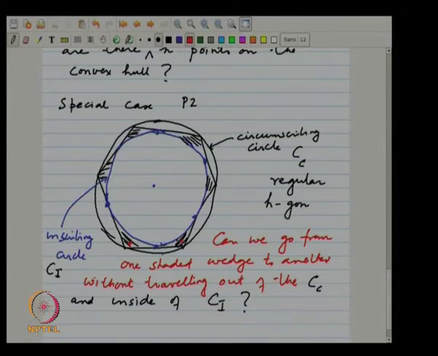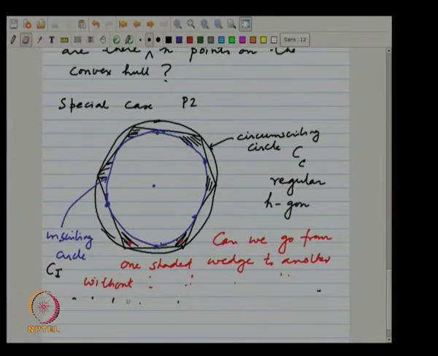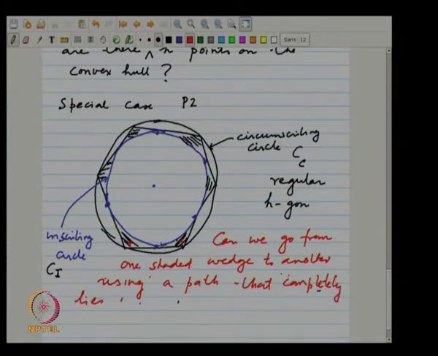Can we go from one shaded wedge to another wedge using a path that completely stays within the shaded region?